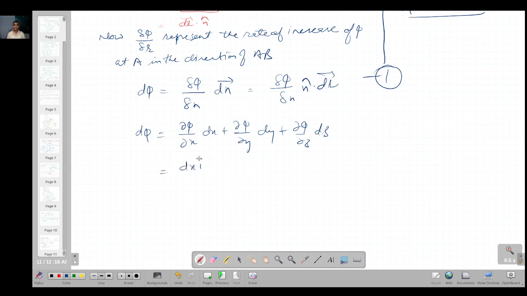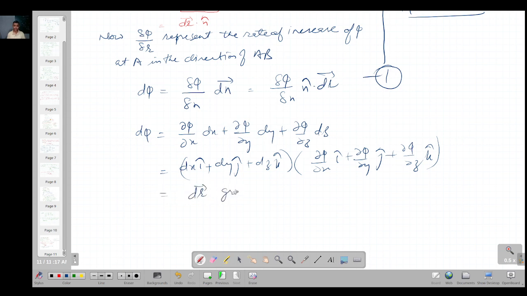It is dx i cap, dy j cap, dz k cap, dotted with curly phi over curly x i cap, plus curly phi over curly y j cap, plus curly phi over curly z k cap. And this is nothing but the dr vector and gradient of phi. This is the definition of gradient. So this can be written as gradient of phi dot dr vector, and this is equation number 2.